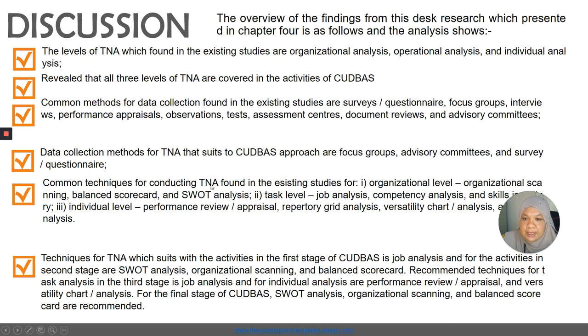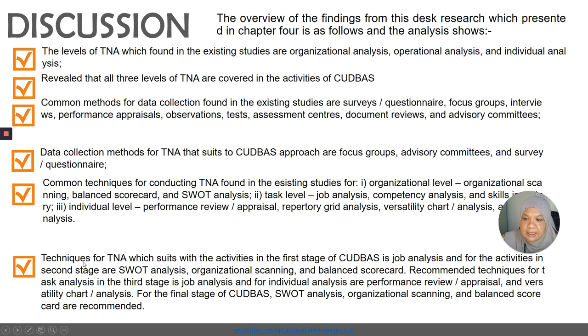Common techniques for conducting TNA found in existing study for organization level are organization scanning, balance scorecard, and SWOT analysis. In task level, job analysis, competency analysis, and skill analysis. In individual level, performance review appraisal, repertory grid analysis, and versatile chart.